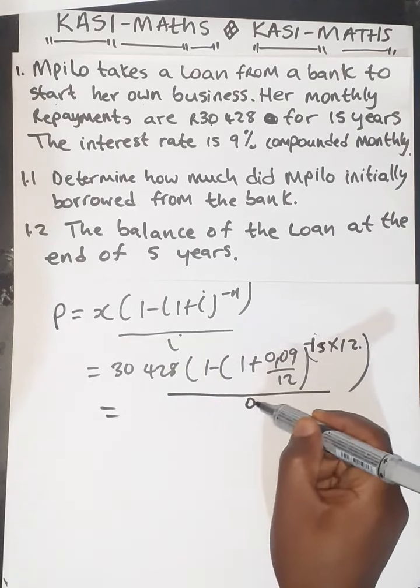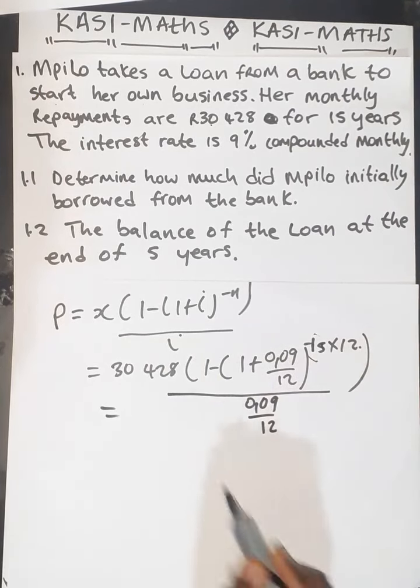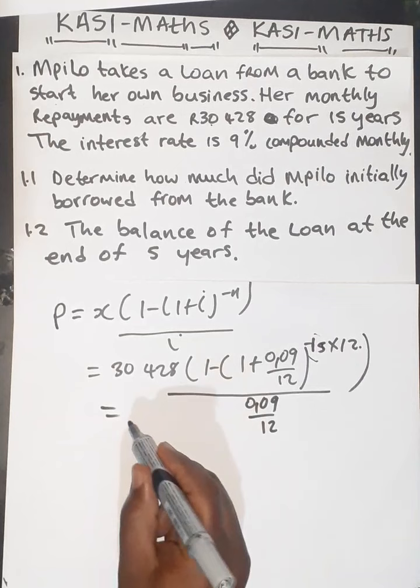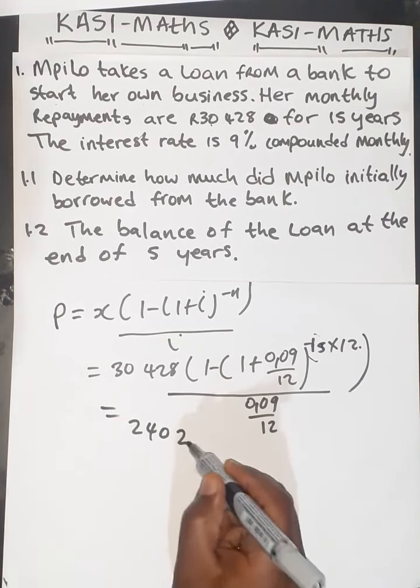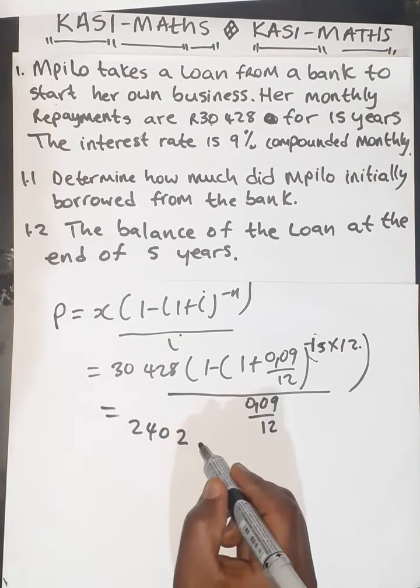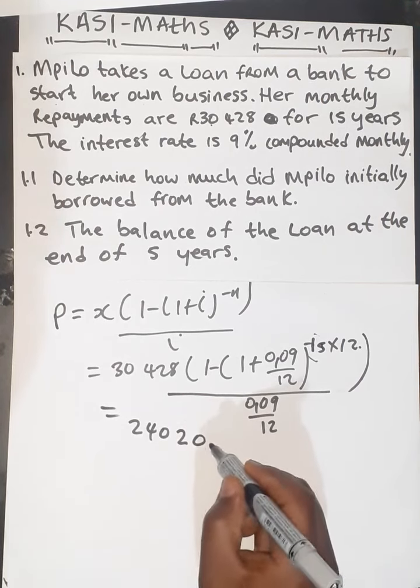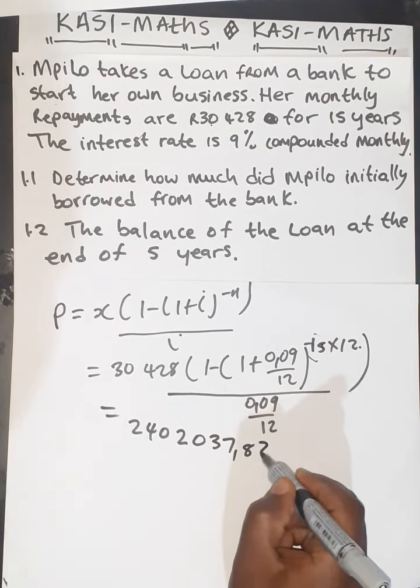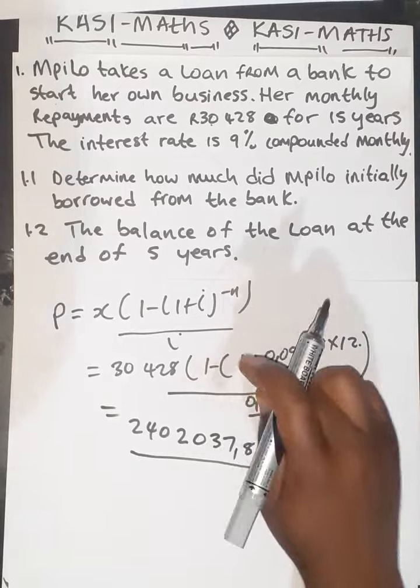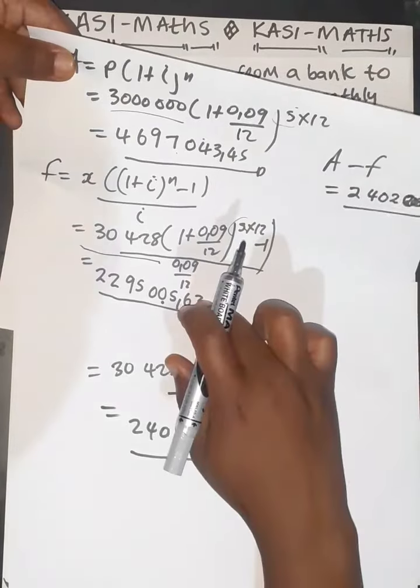So it's all divided by 0.09 divided by 12. When we calculate, this gives exactly 2,402 and 37.82. So this is the shorter method.